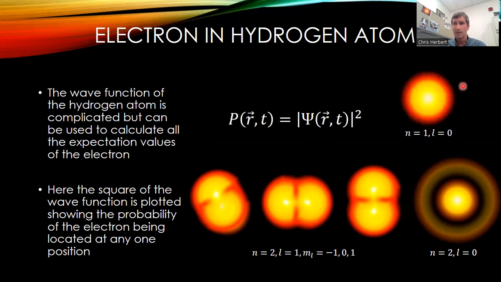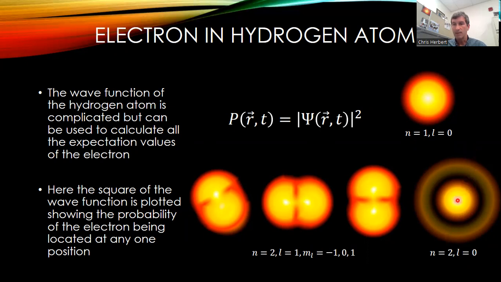Here we've represented it with different colors to represent different probabilities. For the s orbital, it's most probable at the center at n equals 1. At n equals 2, we have L equals 0 or L equals 1, and the L equals 1 state actually has 3 different possibilities for ML.